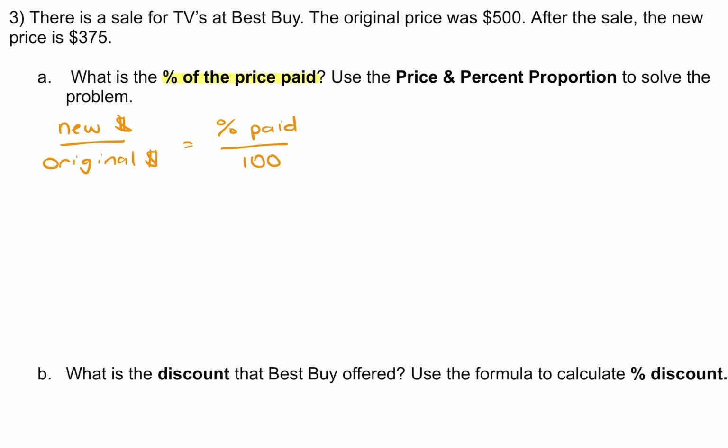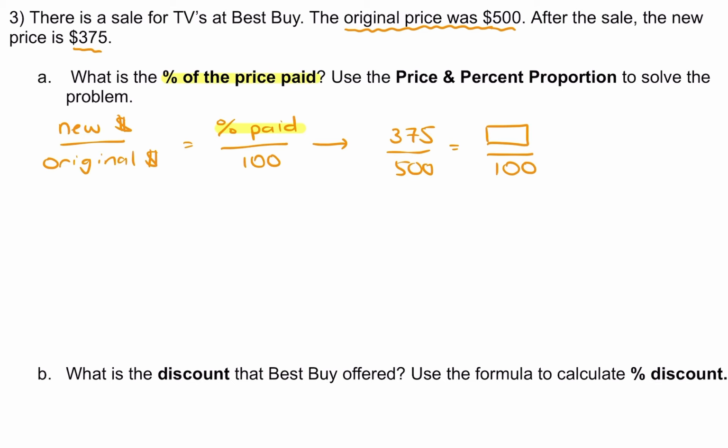We were given the new price, which is $375, and the original price, which was $500. And remember, we are looking for the percent paid, so we leave that blank because we don't know it yet, over 100.